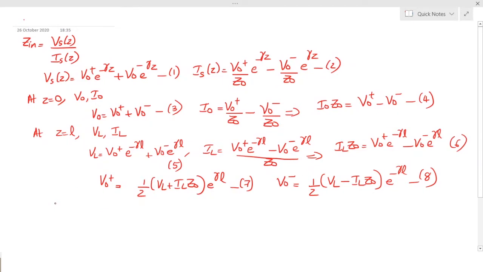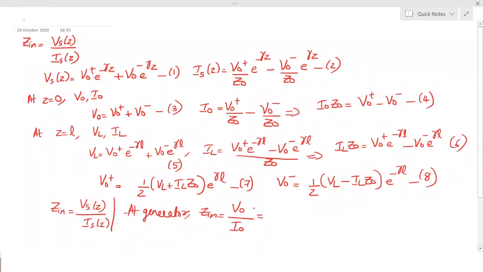Now we will go to the basic equation for input impedance, that is Zin. Zin is equal to VSZ by ISZ corresponding to a particular point in the transmission line. So this can be calculated for any point, but at the generator, Zin is the total input impedance looking from the generator. Zin is equal to voltage at Z equals 0 divided by current at Z equals 0, that is V0 by I0.